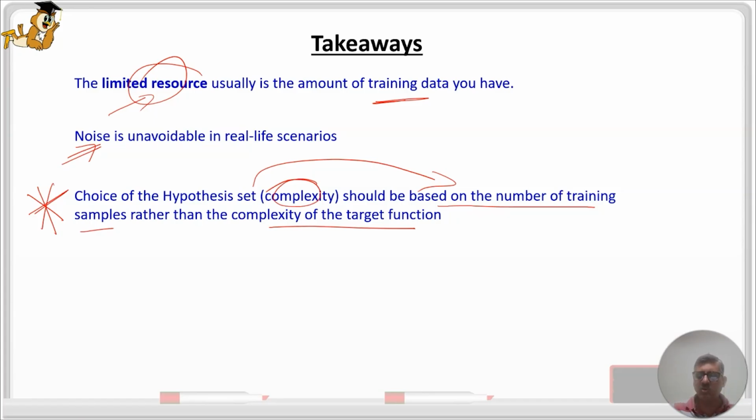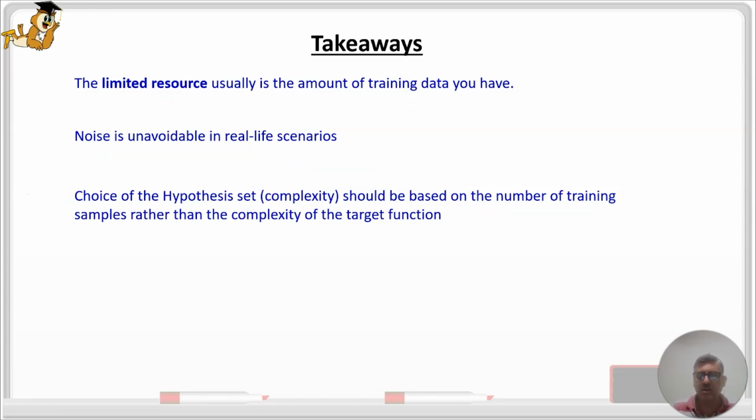But don't take it to degrees of freedom equal to 100, because that will mess you up. So to repeat, very, very important takeaway. The choice of the hypothesis set should be based on the number of training examples that you have, rather than your perceived complexity of the target function. Okay, very important.